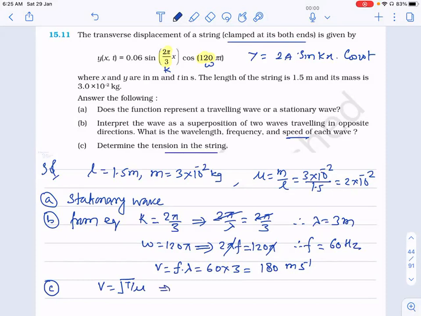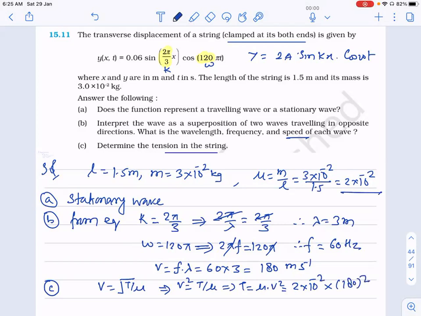Here V is 180, and mu we have already found. Square it first, take T to one side. Mu is 2 into 10 to the power minus 2, into 180 squared.